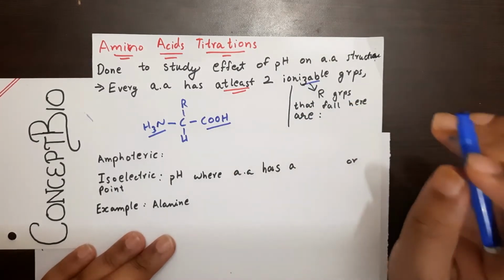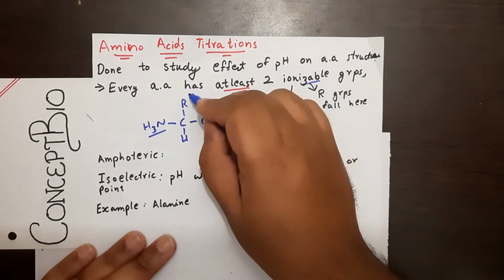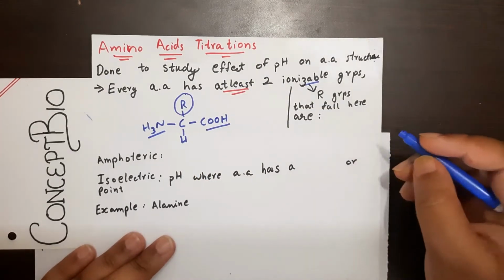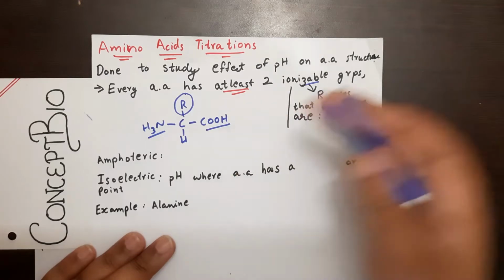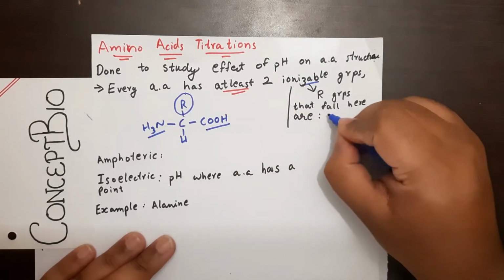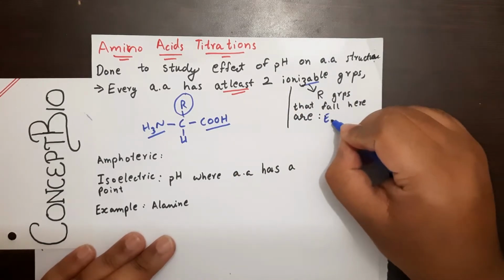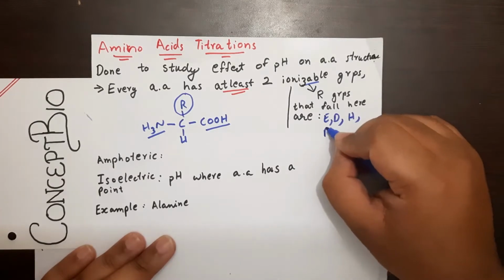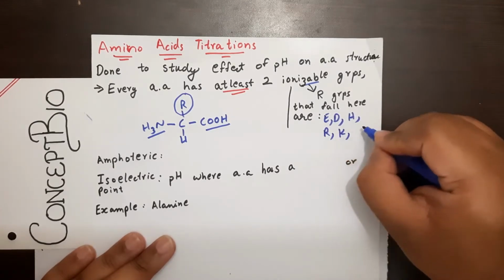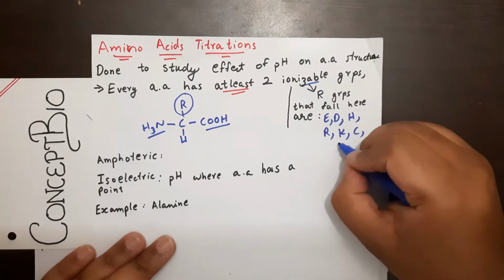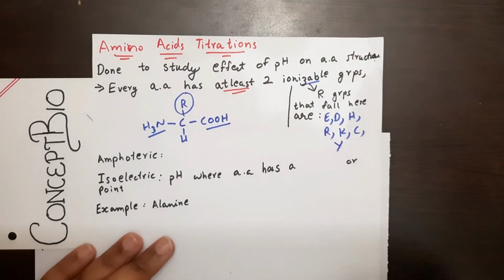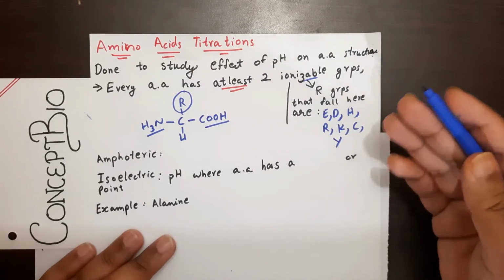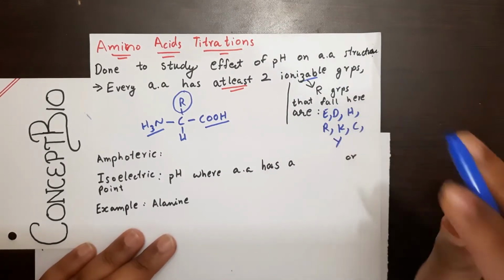And only for a few amino acids, the R group or the functional group is also ionizable. The R groups that fall under this category are for glutamic acid, aspartic acid, histidine, arginine, lysine, cysteine, and tyrosine. I'll be going into these amino acids and why a little later on, but first we'll get into the basics of it.